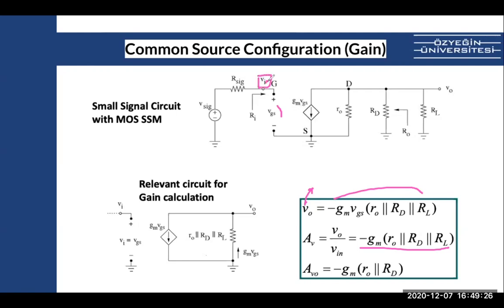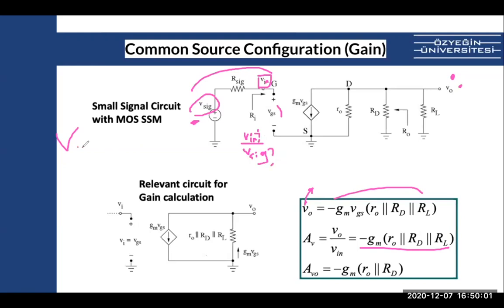If you want to find it with respect to V signal, which is what we really care about, then you have to do Vin over V signal as well. Okay? So it's important what the question, or whoever is asking you, is asking for as the transfer function. Is he or she asking V out over V in or V out over V signal?